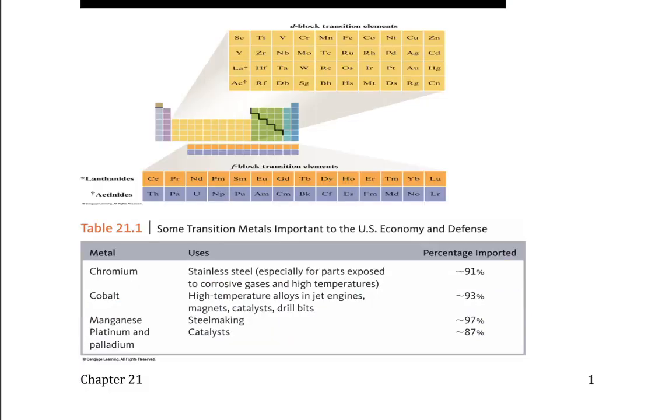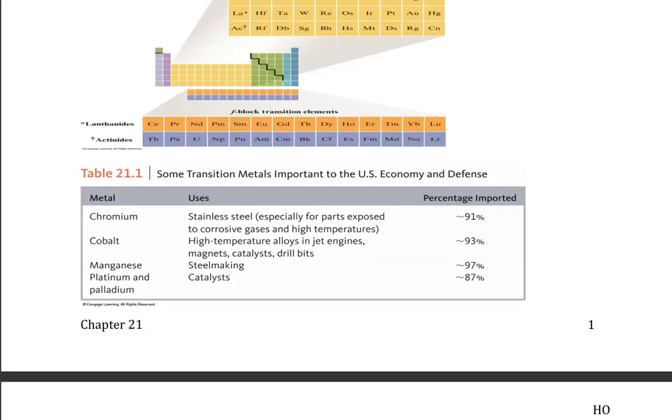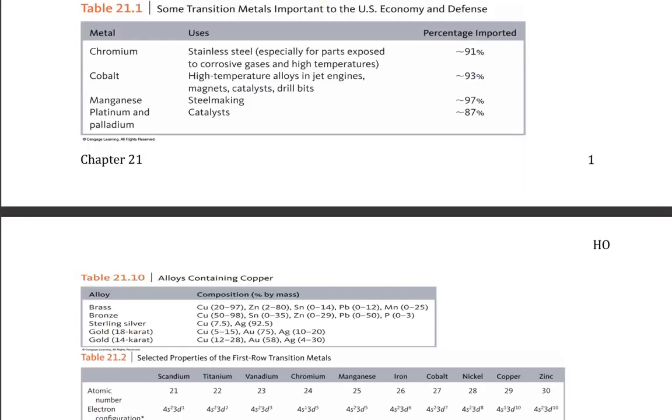So I have some tables from your book, just interesting information to read over at your leisure. The transition metals are the metals of industry for the most part, and of course chromium, cobalt, and so on. So read over that stuff as it interests you.